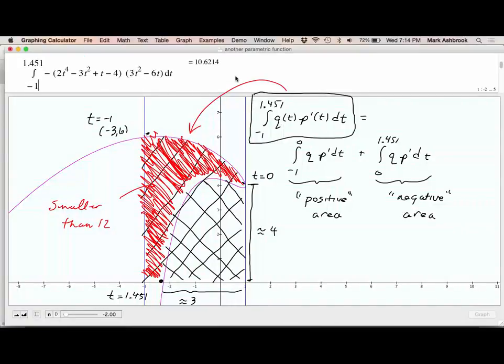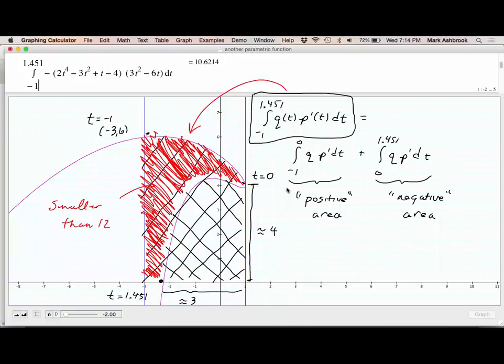So now you could multiply this out, get a long polynomial, and do that. We're not going to do that. This is the technology here to show us that the numbers make sense. Okay, so going backwards, we got like a -12 here, and then we knew this would be positive area. We guessed less than 12, and we got it.